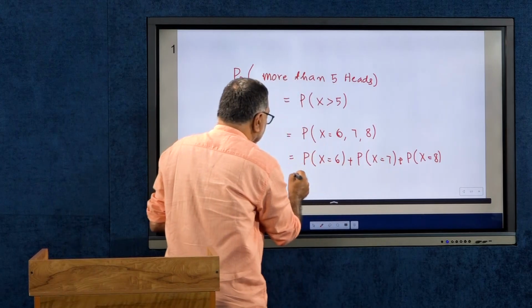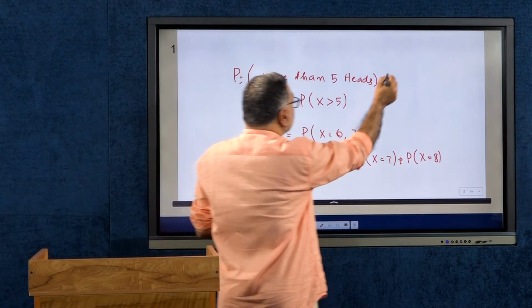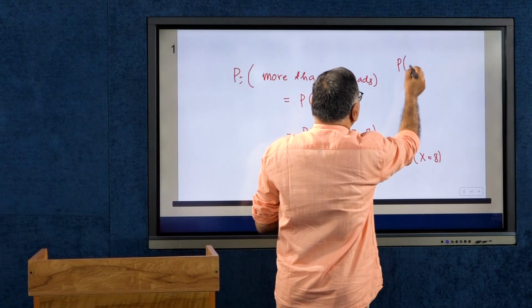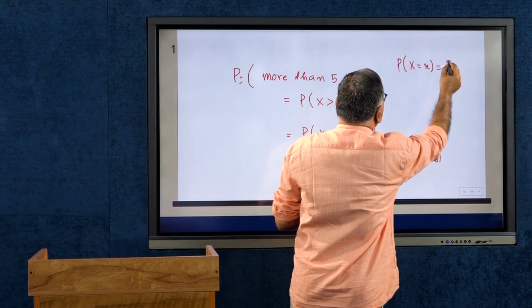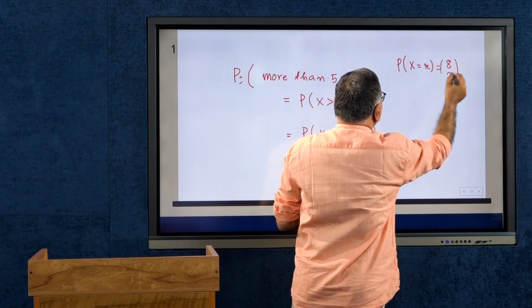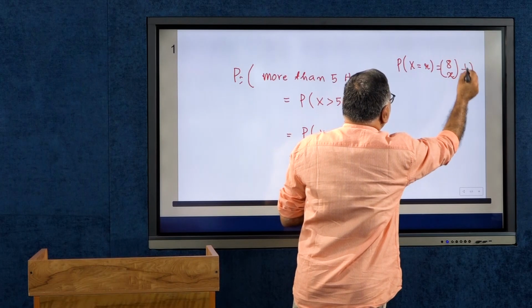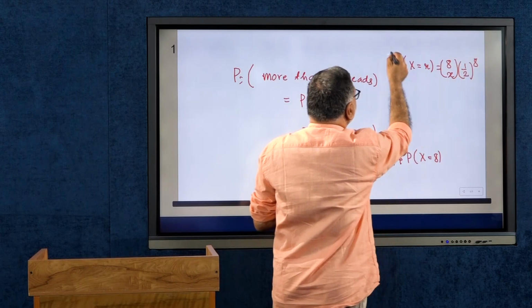And simplifying this expression, again you note probability of X equal to x, we have value 8Cx (1/2)^8. This is the value we have.